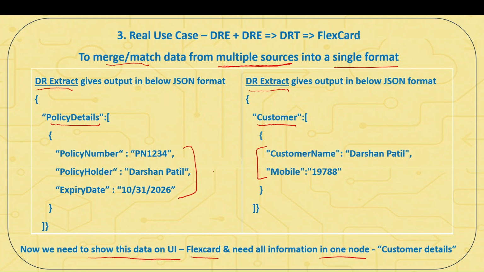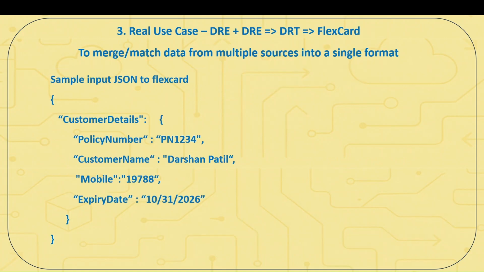So we need to merge both pieces of information: the output of DRE1 merged with the output of DRE2, and then we show it on the flex card. But the flex card needs only one node, customer details, with all the information. The flex card is expecting input in this format.